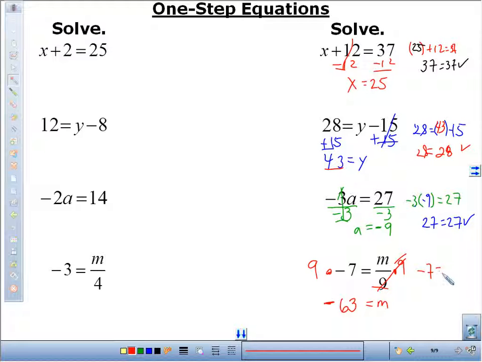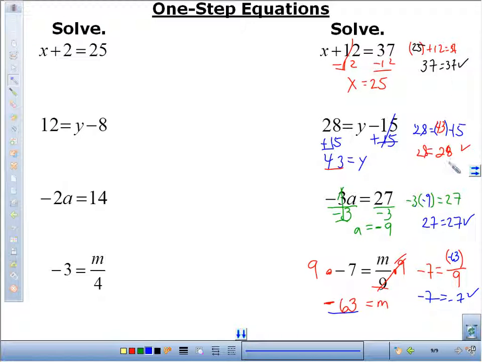Negative 7 equals parentheses over 9. And instead of the parentheses, what am I writing in there? Negative 63. Are these the same sign? Nope. 63 divided by 9, that's 7. Is negative 7 the same as negative 7? Yes. And you got all 4 of them by yourself.